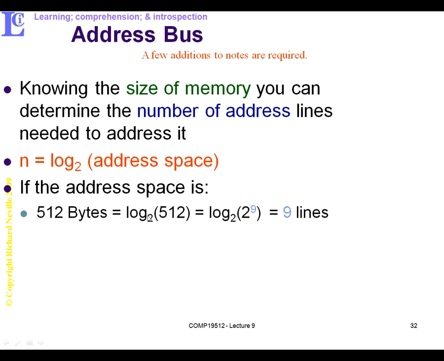We take log to the base 2 of 512, and we find out what this power of 2 is, and we find if we take 2 to the 9, that will give us 512. So therefore, using this equation, a simple way of doing it is to look at the power, and it's 9 lines. So let's do this with another number.